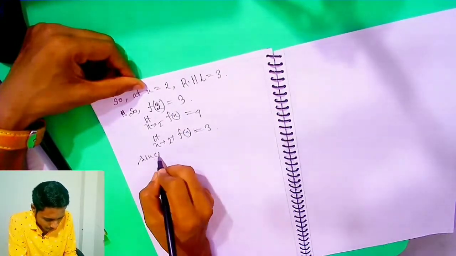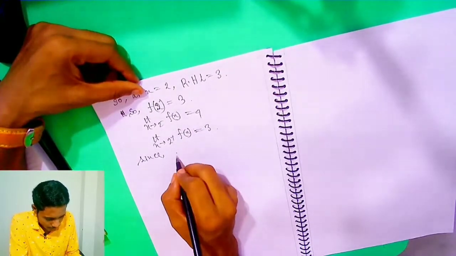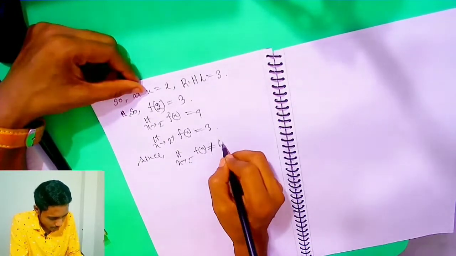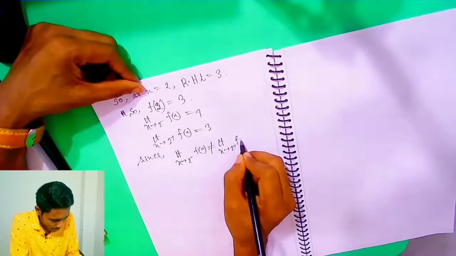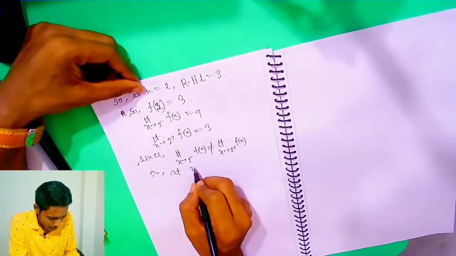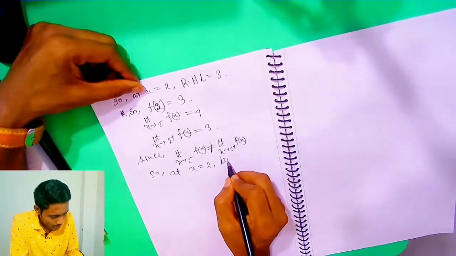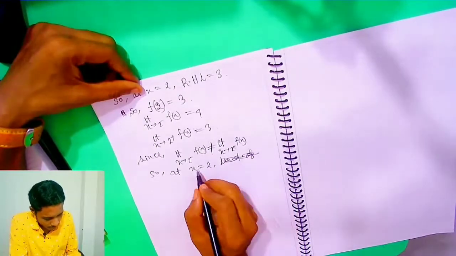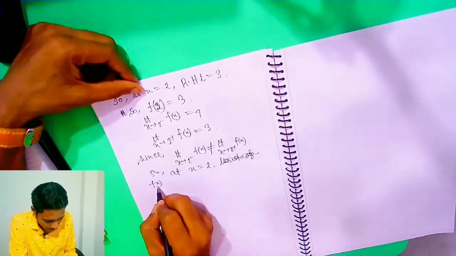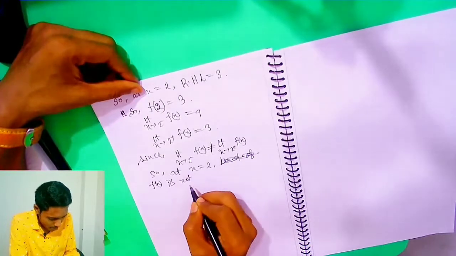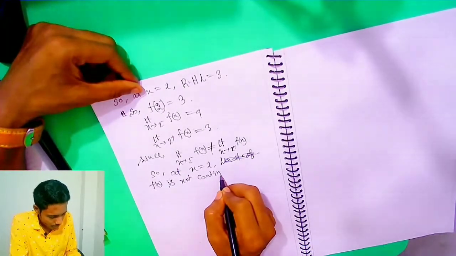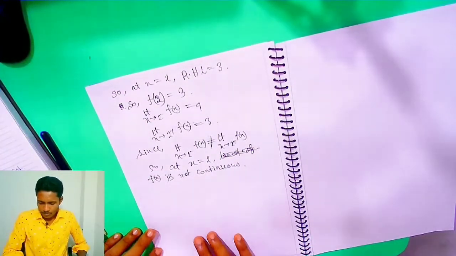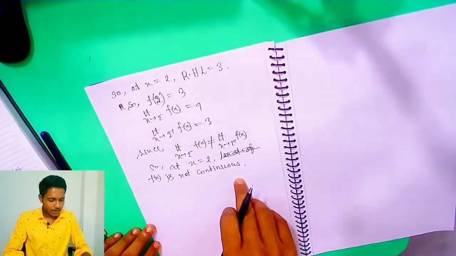Since limit x tends to 2 minus f of x is not equal to limit x tends to 2 plus f of x, so at x is equal to 2, f(x) is not continuous. Okay, at the point x is equal to 2 the function f(x) is not continuous.